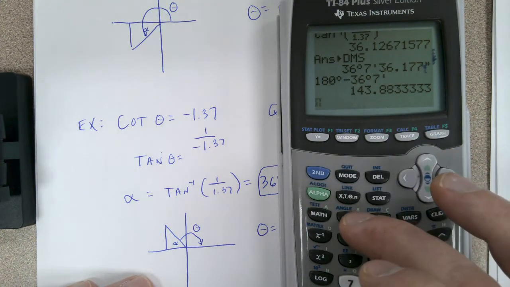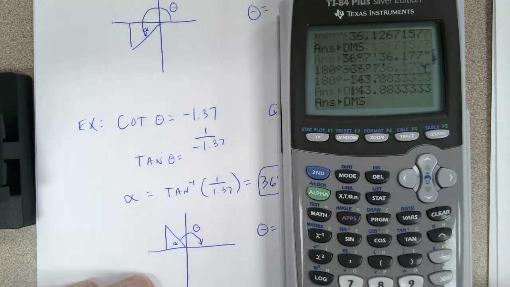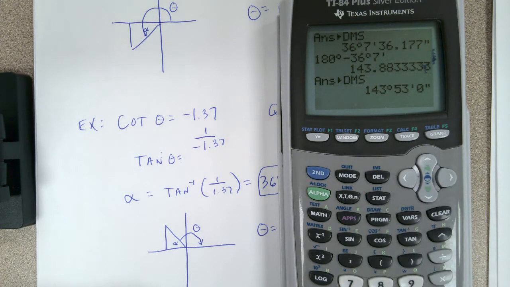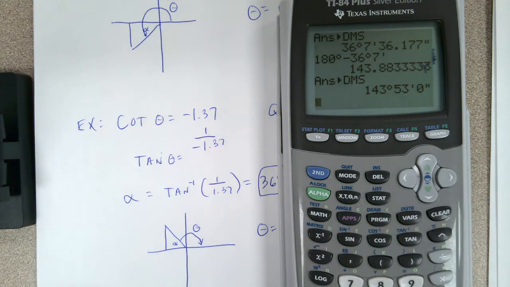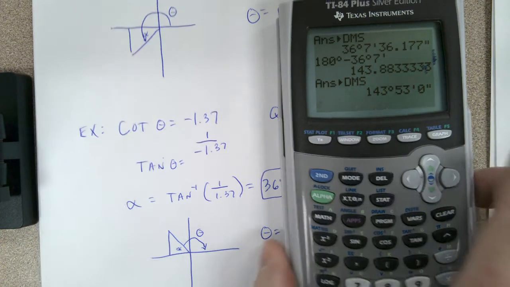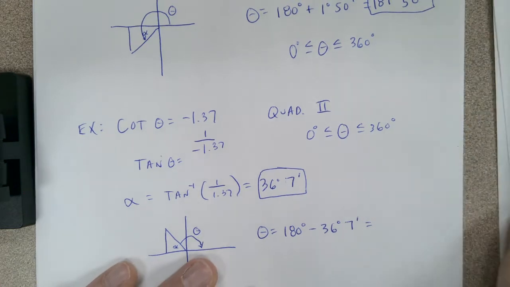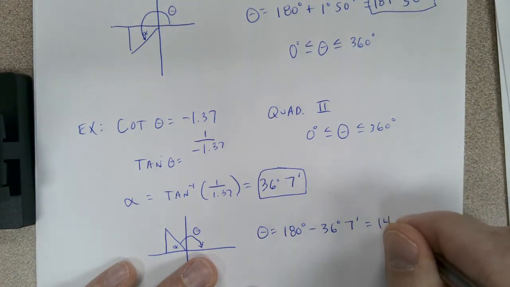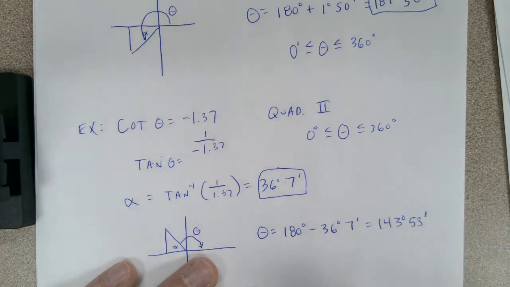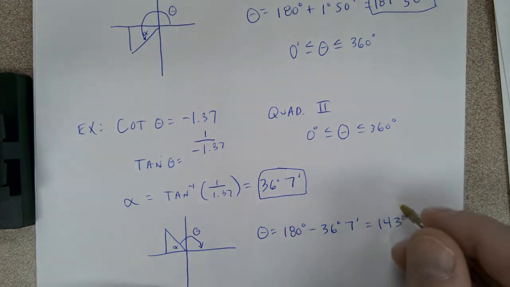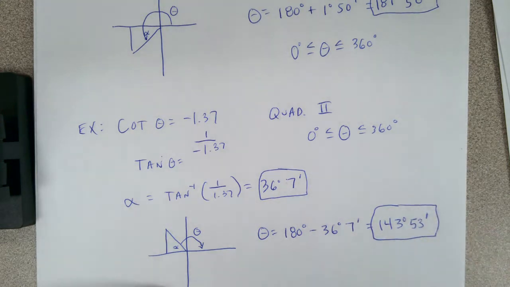I'm going to put that back into degrees, minutes, seconds, and that gives me 143 degrees and 53 minutes. So 143 degrees and 53 minutes. And again, that would be my theta value.